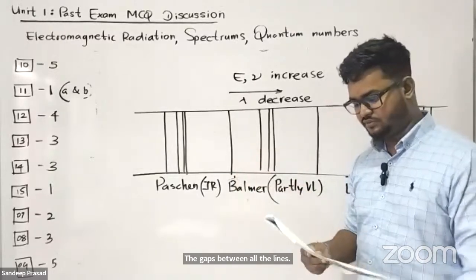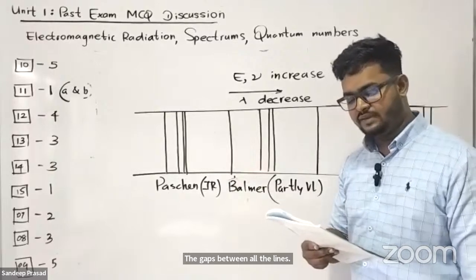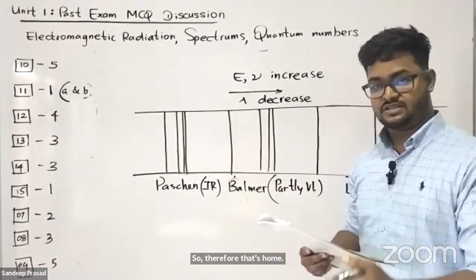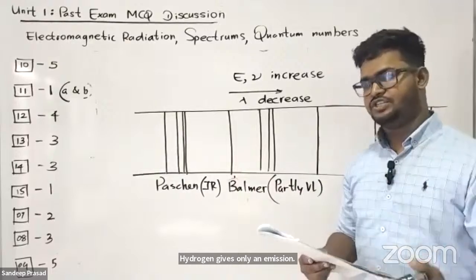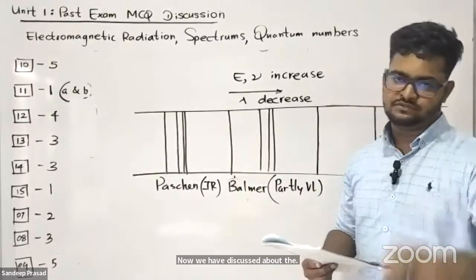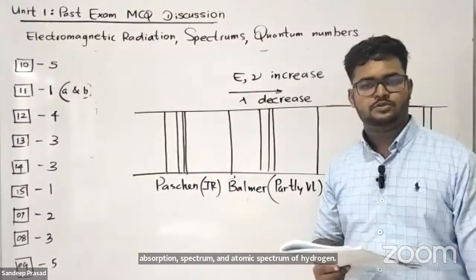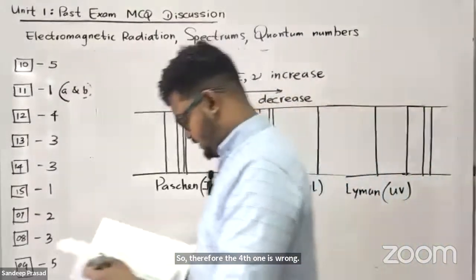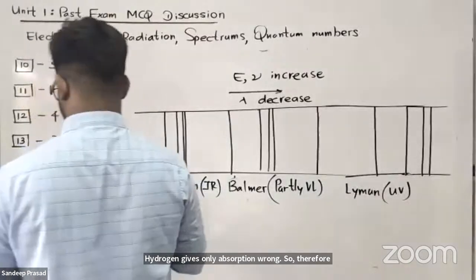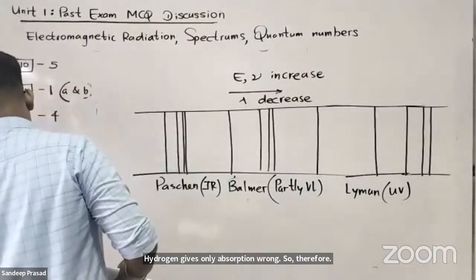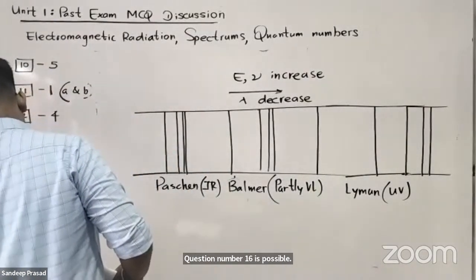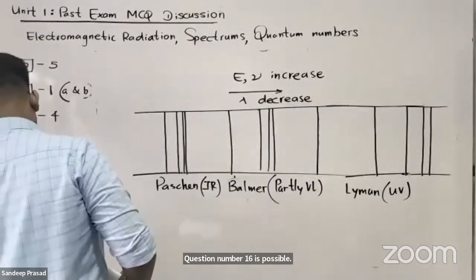So that's wrong. Hydrogen gives only an emission spectrum. No, we have discussed the atomic absorption spectrum and the atomic emission spectrum of hydrogen. So the fourth one is wrong. Hydrogen gives only absorption. Wrong. So therefore, question number 16 answer is the first one.